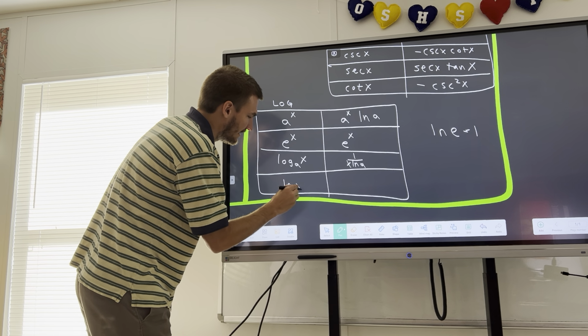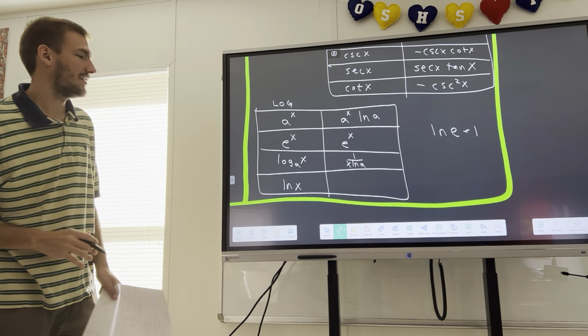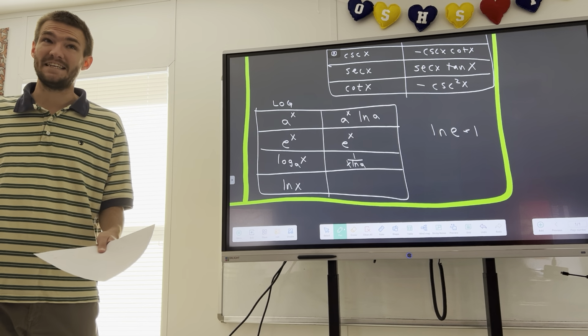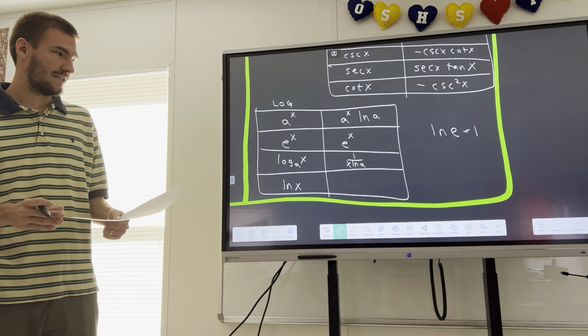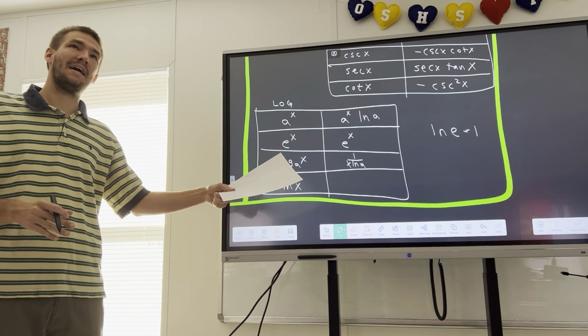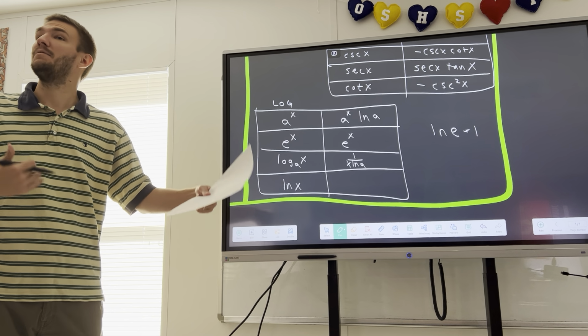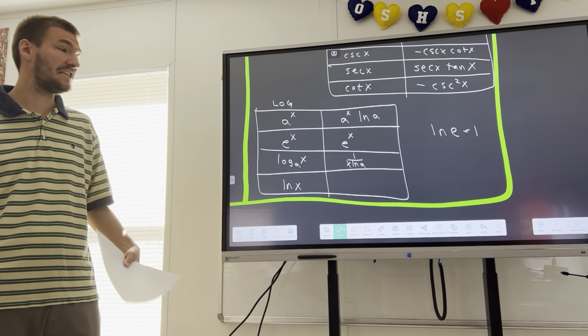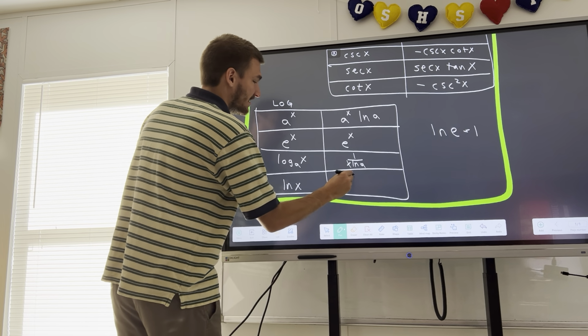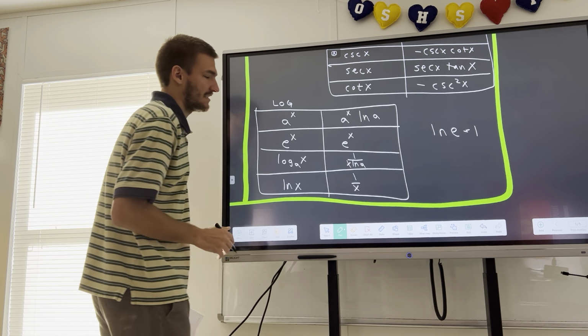The ln of x, which is the log base e, should be 1 over x ln e, but ln of e is 1. So this is 1 over x.